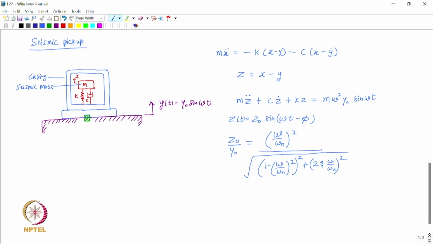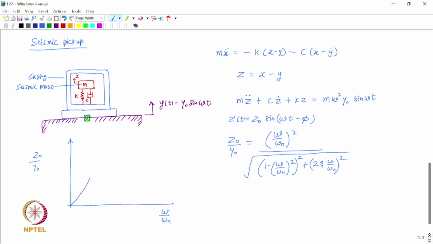And if we plot this response, then it looks something like this. So, if you plot here z naught upon y naught as a function of omega upon omega n, then this looks something like this.